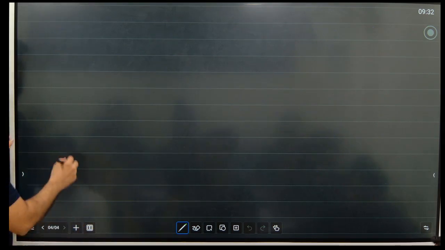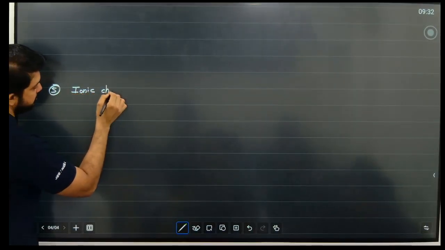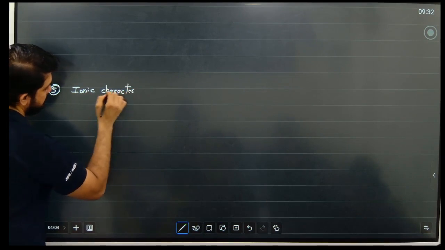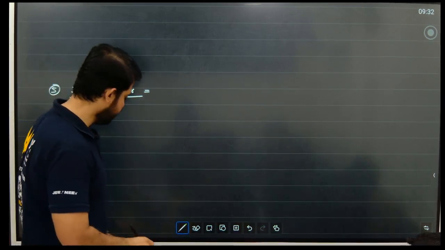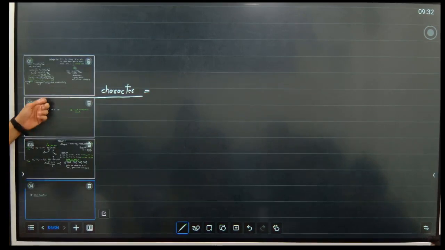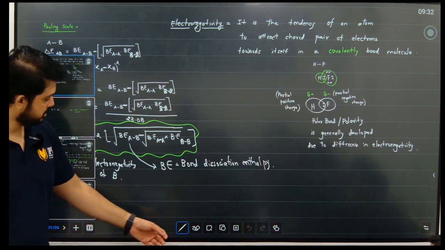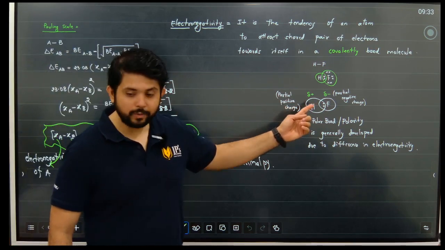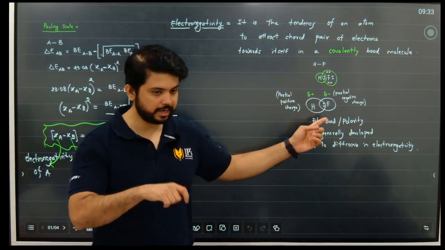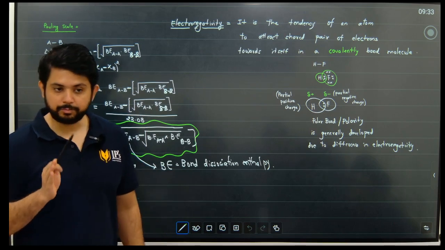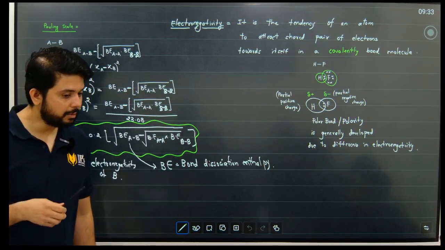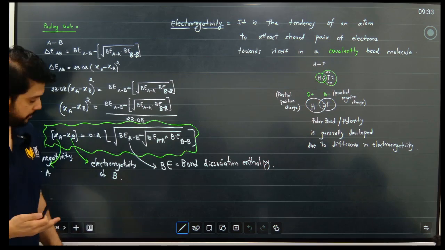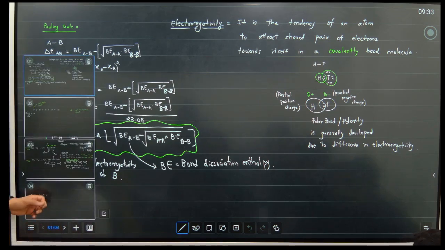Next we have ionic character. Now, just like when we were doing polarity, even though this is a covalent bond, it has developed partial positive character and partial negative character. Though it's a covalent bond, it is still developing charge, and development of charge is the nature of ionic bond. We have something called as ionic character.